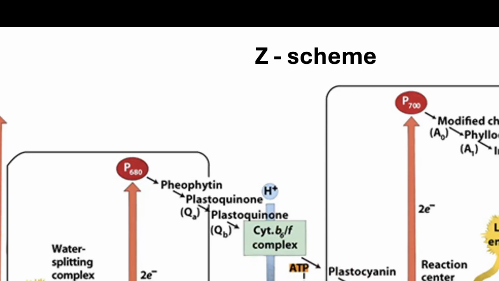When the electron is passed here, P700 gets excited, then it transports its electron to phylloquinone, then iron sulfur protein clusters, ferredoxin, flavoprotein, thereby creating an NADPH molecule which can now be used for fueling the Calvin cycle. So this whole scheme of electrons transporting from PS2 to PS1 using light energy is known as the light dependent reaction in photosynthesis, or popularly known as the Z scheme.